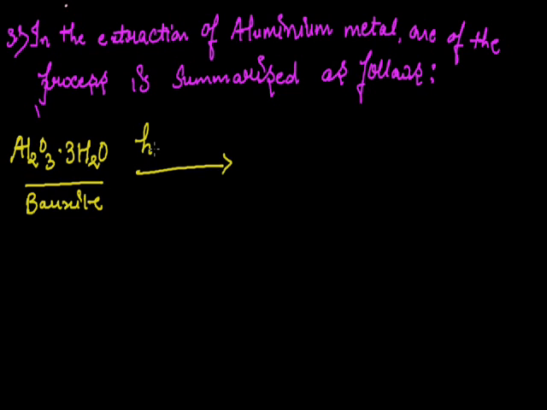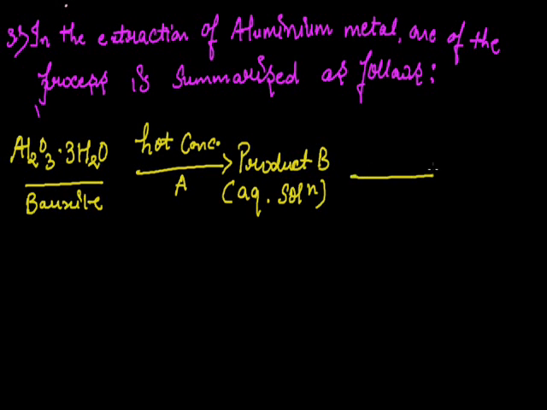This on heating in the presence of hot concentrated A gives product B, which will be an aqueous solution, which when a bubble gas, that is C, is passed into it so as to change its pH, gives pure alumina, that is Al2O3.